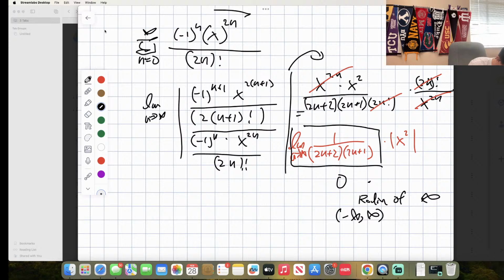So this is actually a pretty interesting function. Why is this an interesting function?